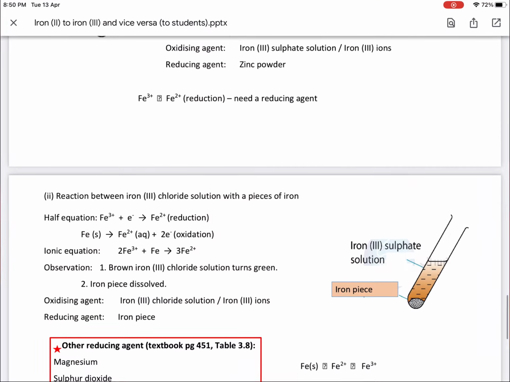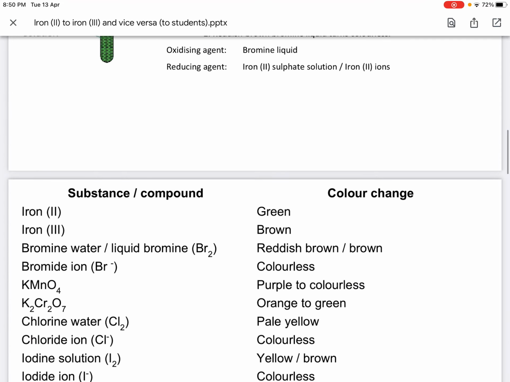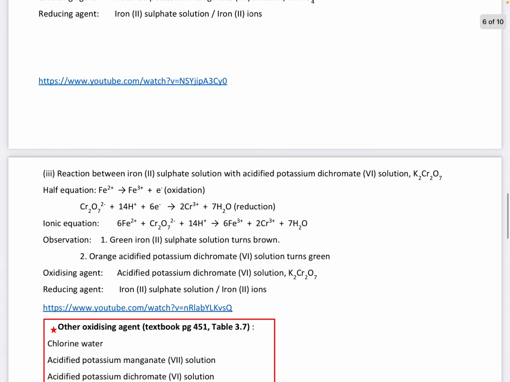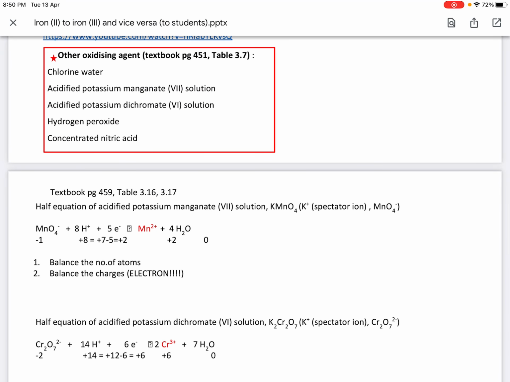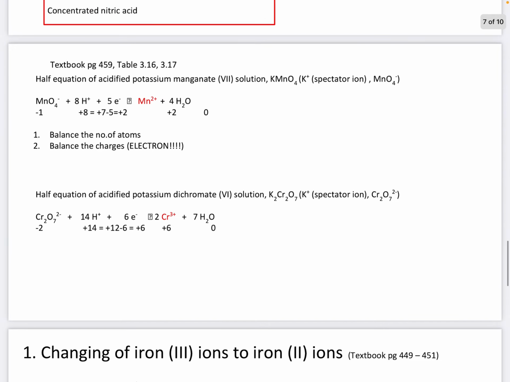Let me take out my teacher's notes for a bit. Let me see if the teacher wrote it here. Oh, here. Oxidizing agents: chlorine water, acidified potassium manganate(VII), acidified potassium dichromate(VI), hydrogen peroxide, and concentrated nitric acid.